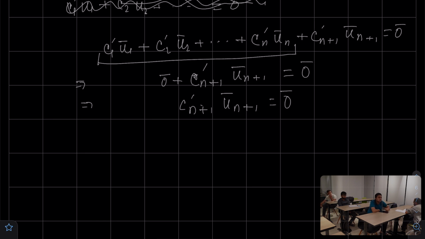And since n was arbitrary, it goes for n belonging to the natural numbers. So since n was arbitrary, it proves that c1 prime equals c2 prime. All these terms up to infinity, all these numbers are 0. Yeah. Right.